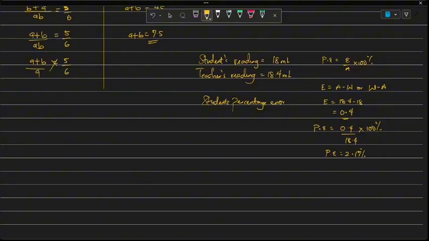Alright, now we have another question here. The question says, a trader bought 100 oranges at 5 for 1.2 naira.